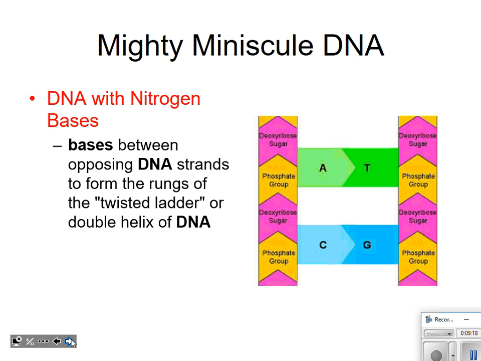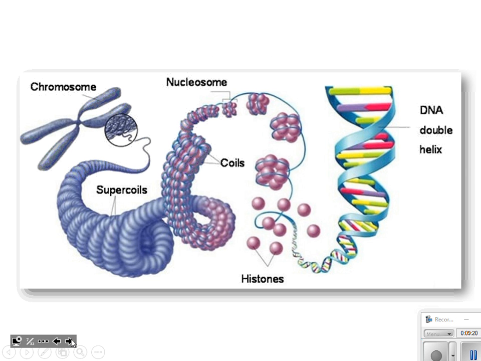Now let's look here. I showed you just some more photos of this whole breakdown. Once again, we start at the front with the chromosome. These chromosomes then break down into the histones. You see the little histones.